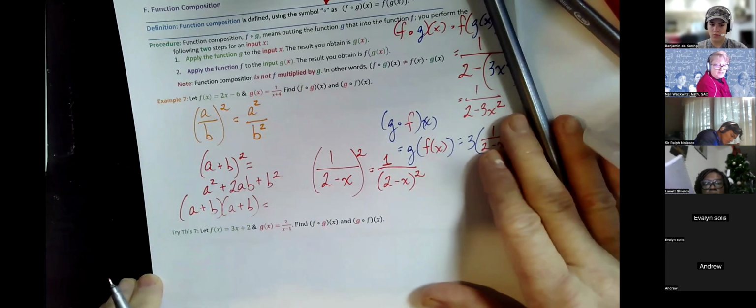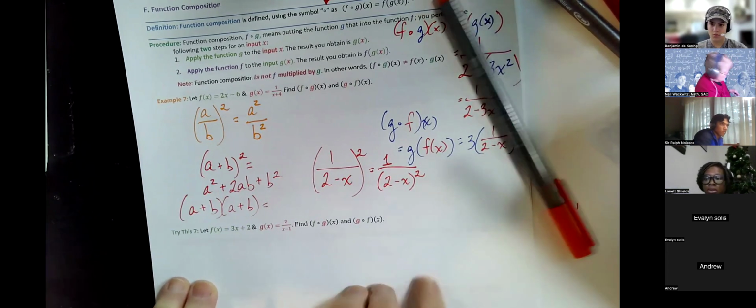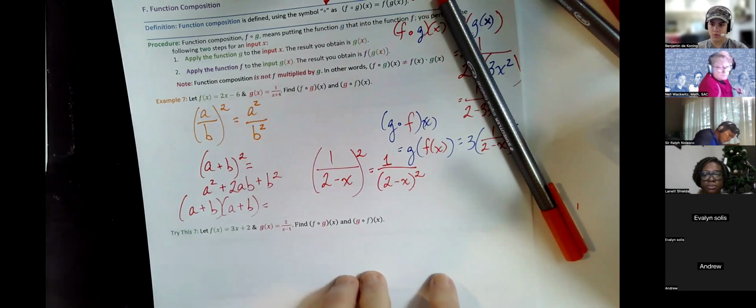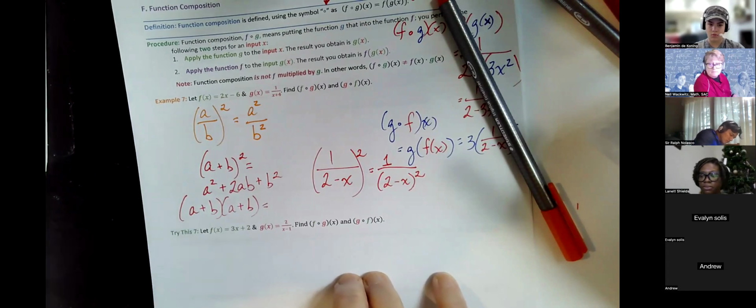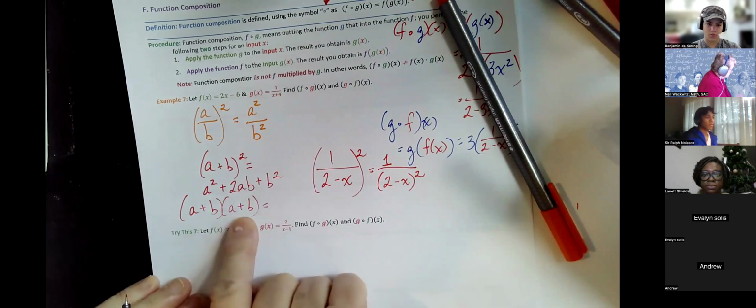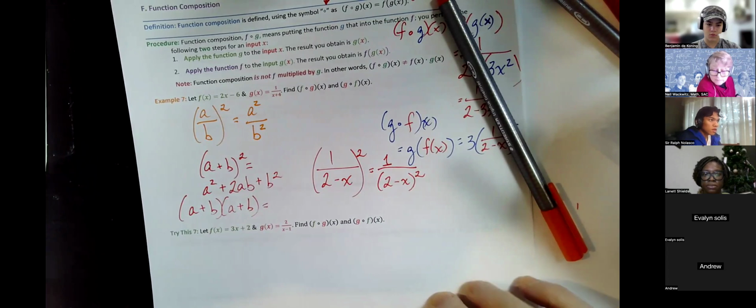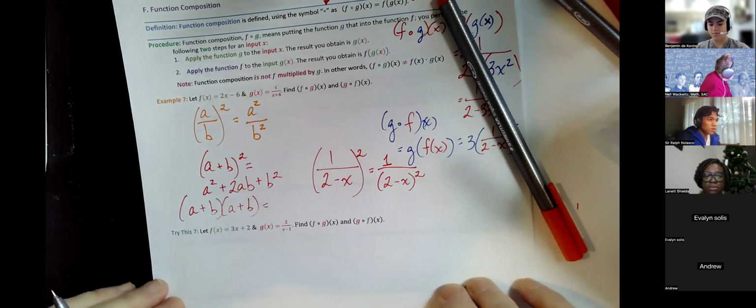well, how do you FOIL this? How do you multiply out any two binomials? FOIL. How do you FOIL?